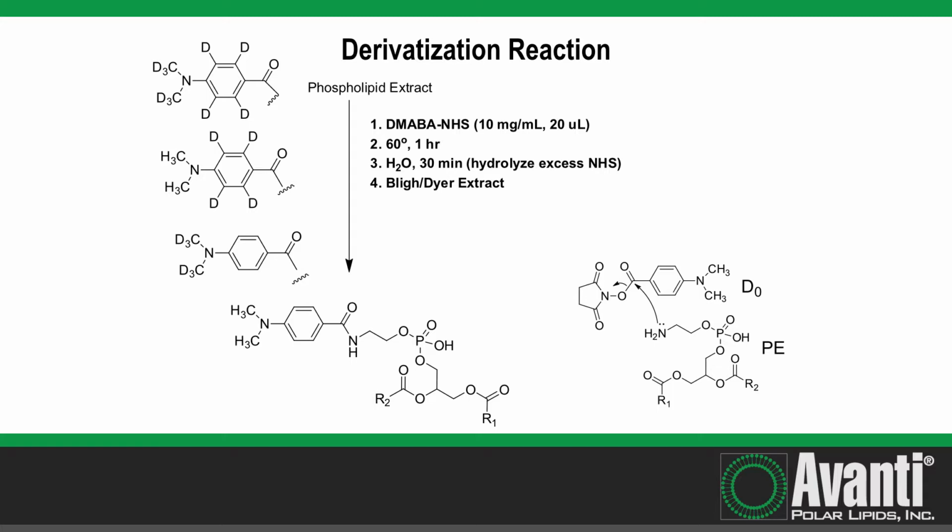And so the phosphatidylethanolamine, indicated by this structure here, the lone pair of electrons, of course, attacks the ester derivative here, and N-hydroxysuccinimide is a very good leaving group. And so we now have these amides, which are products with PE, and so they'll be labeled with either D10, D4, D6, or non-deuterated.